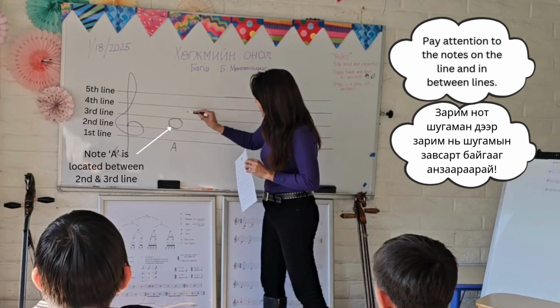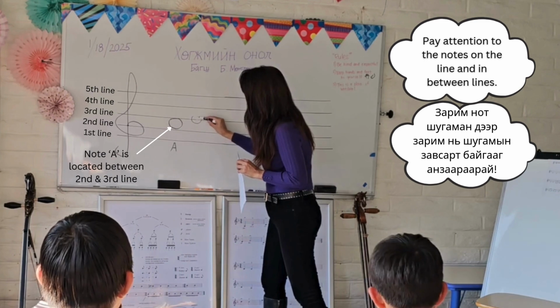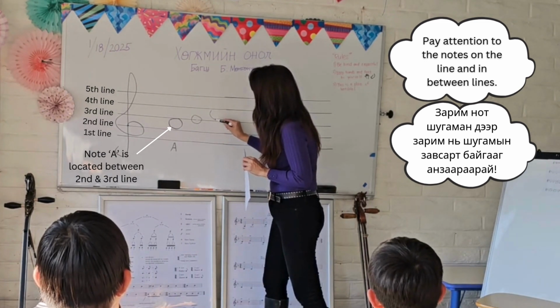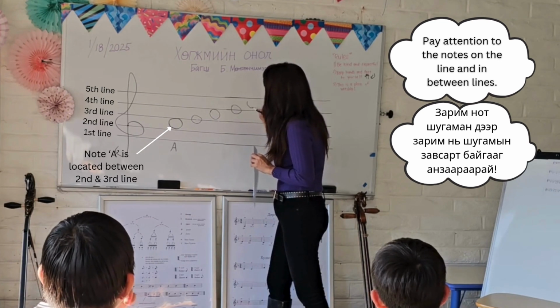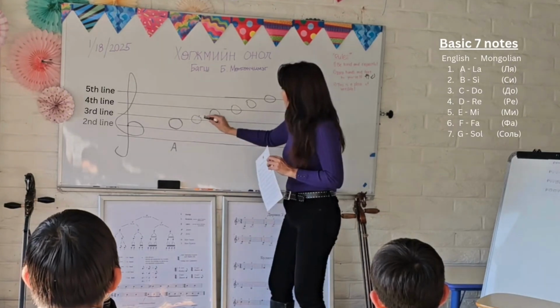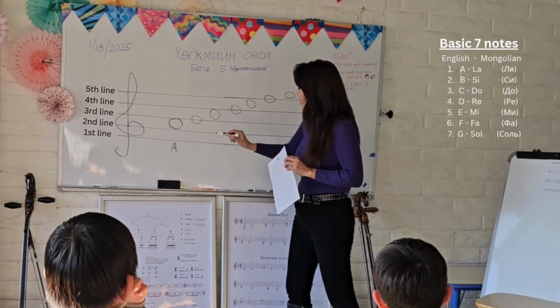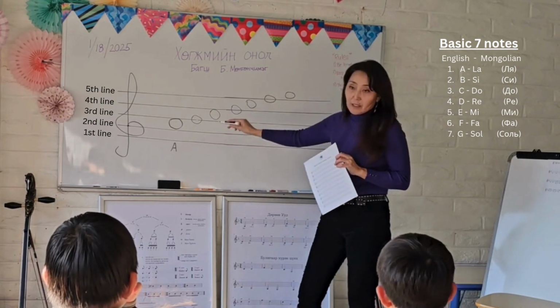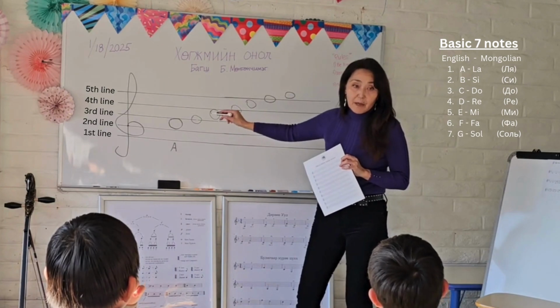Like I said, notes are on every line or in between lines: 1, 2, 3, 4, 5, 6, 7. Those are your basic 7 notes. You can start writing at the same time with me.